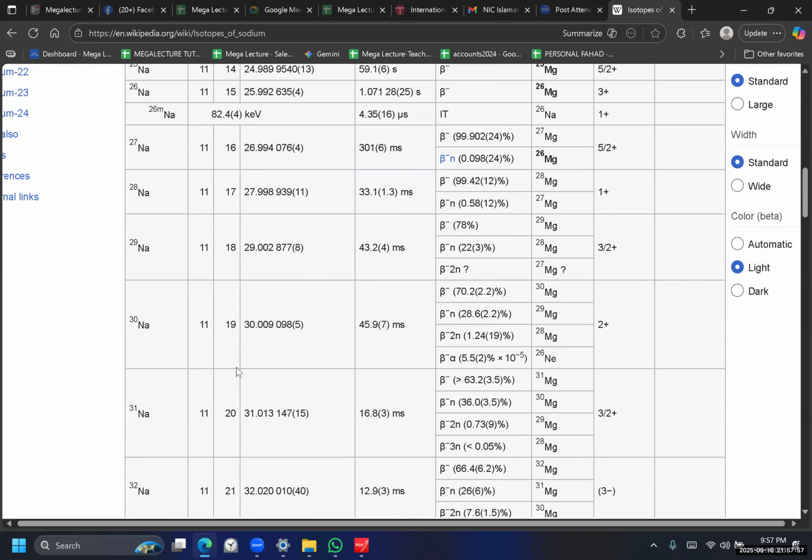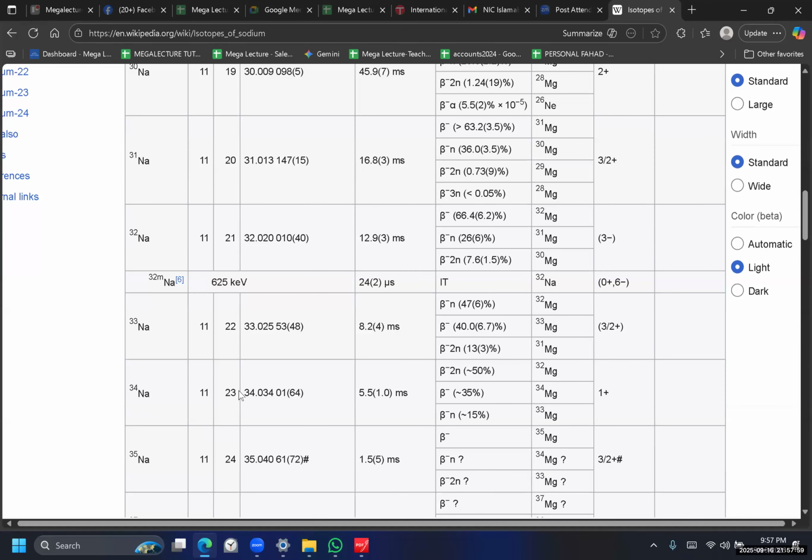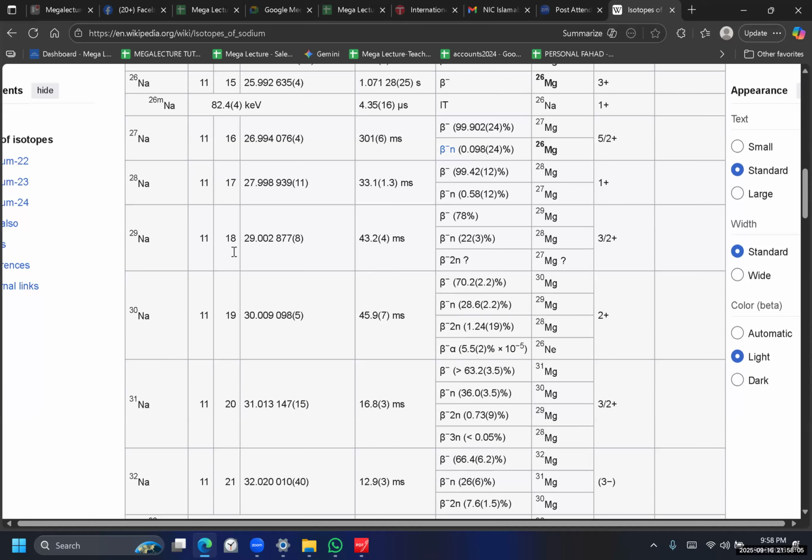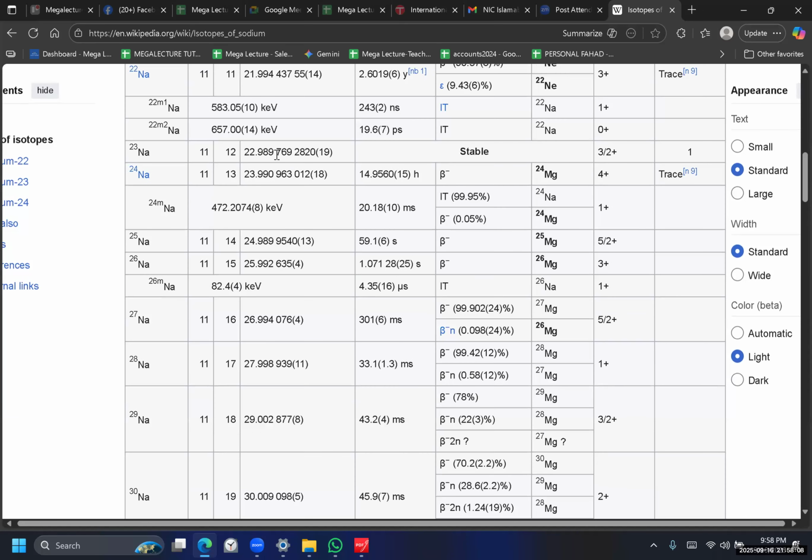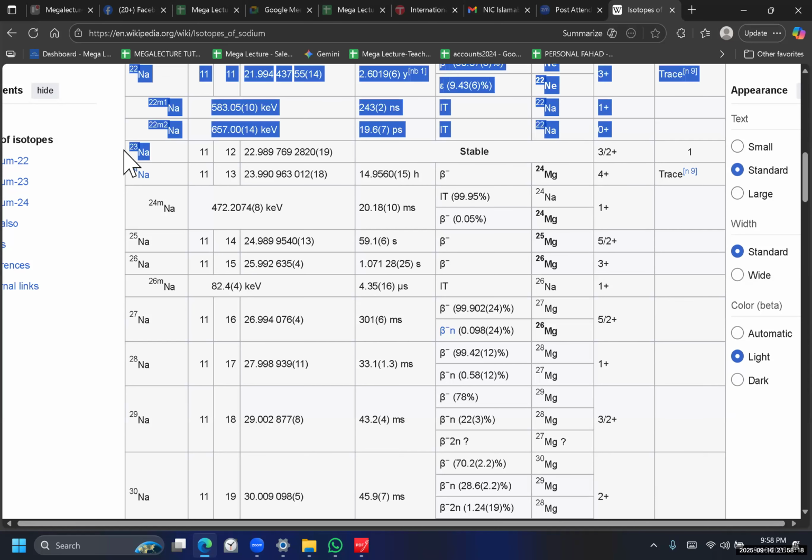The most common one, 23, यहाँ पे. That has the greatest, no, that's 34, I think, sorry. 12, I said this is neutron number. 12, where is 12? Yeah, this is probably the only one, but you have to take into account that when you have a sample of sodium, it's not just going to have sodium 23, it's going to have a few other ones as well. Okay.